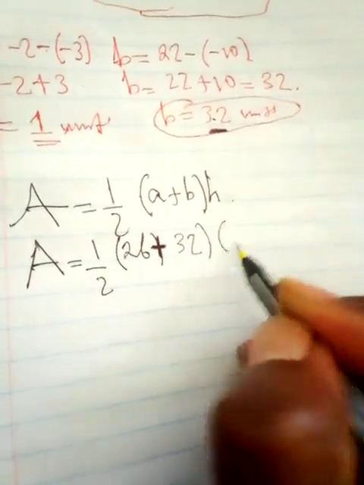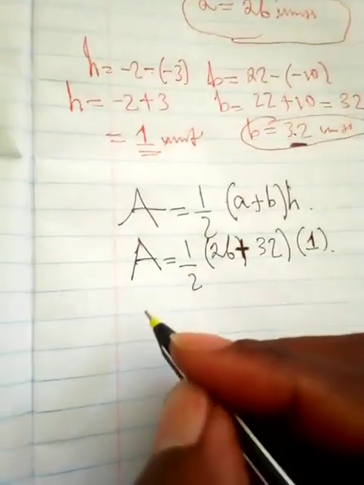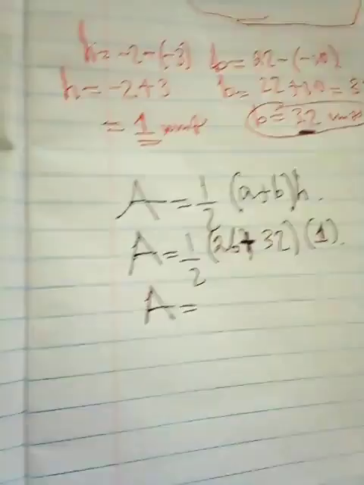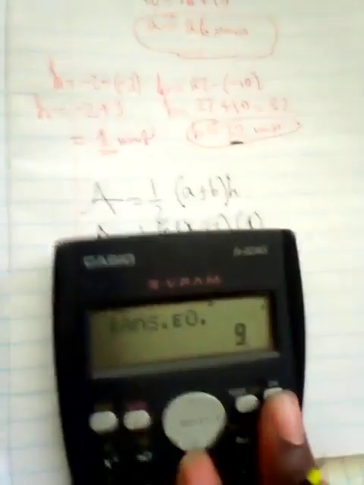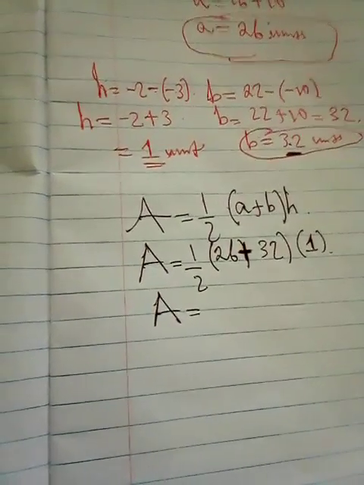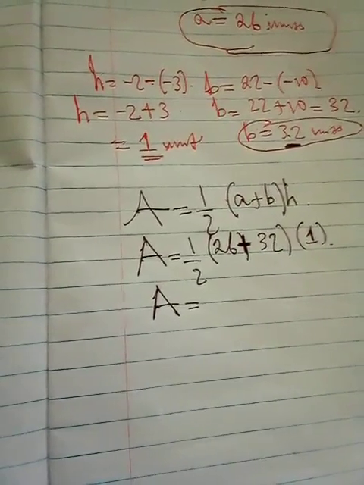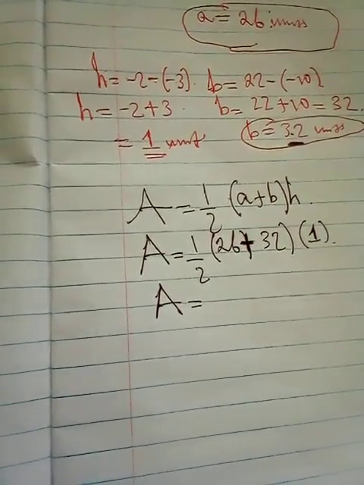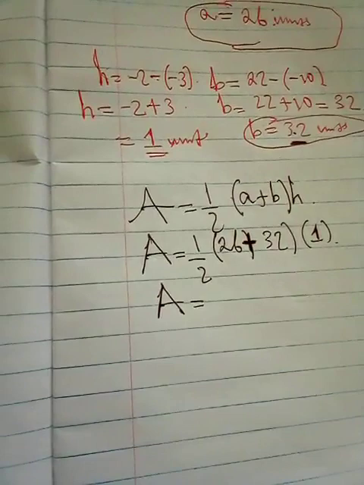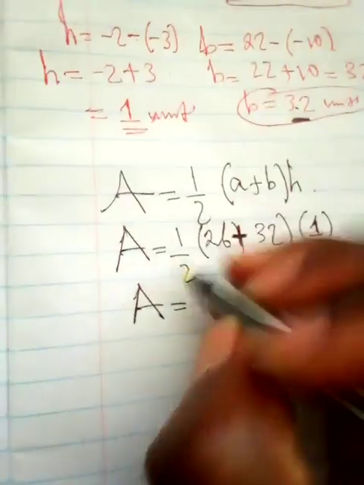Your height is just times 1, which won't even make much difference. So A will be equal to half times 26 plus 32 by 1, and your value is just going to be 29.